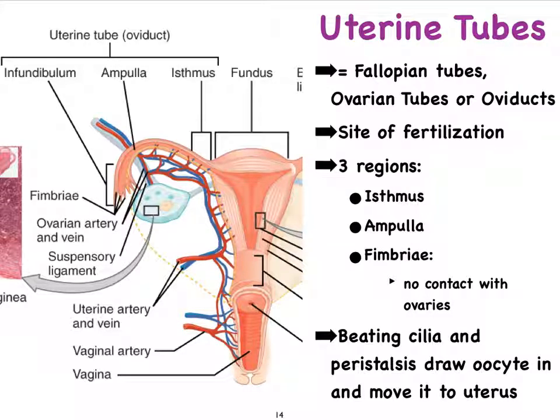So let's move on now to our fallopian tubes, or the uterine tubes, or the oviducts, or ovarian tubes, or I think those are all the many synonyms. So far we have studied the vagina. So sperm would travel up the vagina into the uterus via the cervix into the body of the uterus, and then up the uterine tubes.